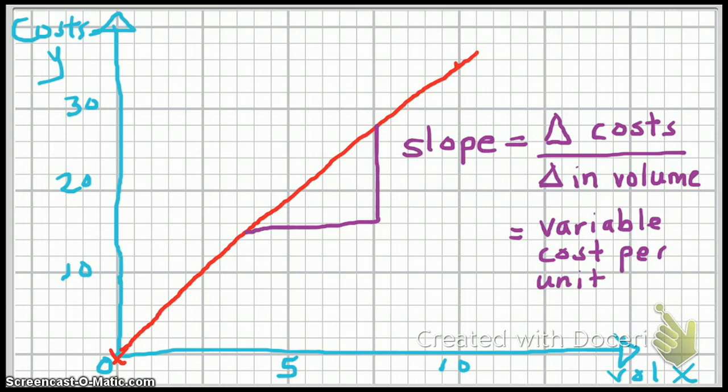And as you remember, our variable cost per unit for this particular graph was our cost per gallon of gas, which was $3.50. So to summarize, the variable cost line always starts at the origin. It's a straight line, and the slope of the line is equal to your variable cost per unit.